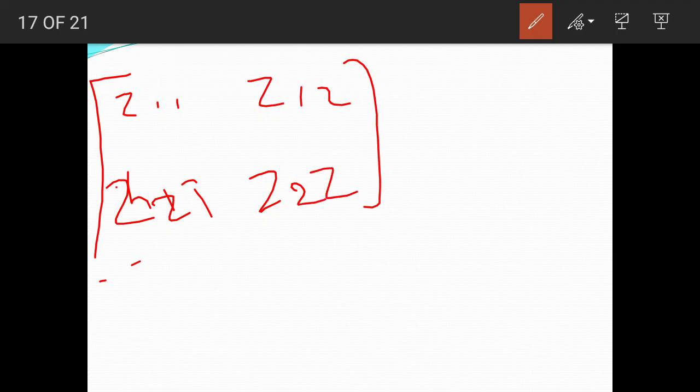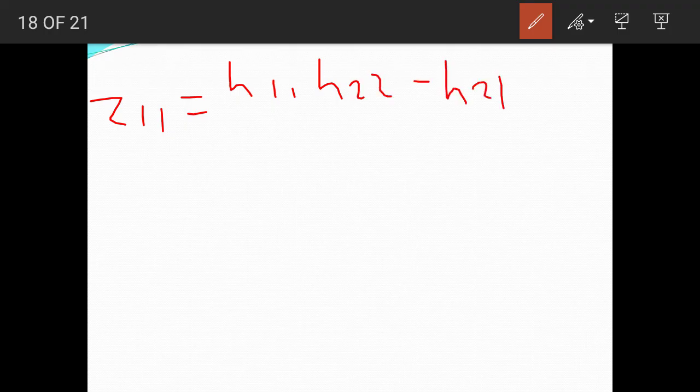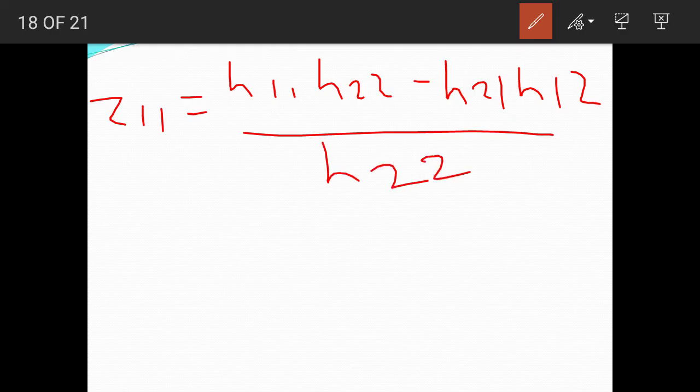Here Z11 is equal to (H11 H22 minus H21 and H12) upon H22.